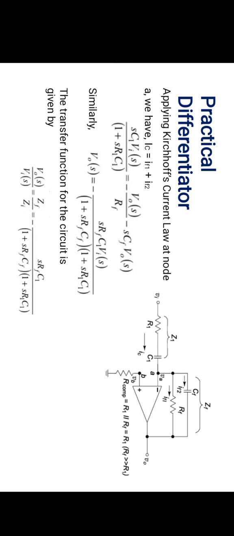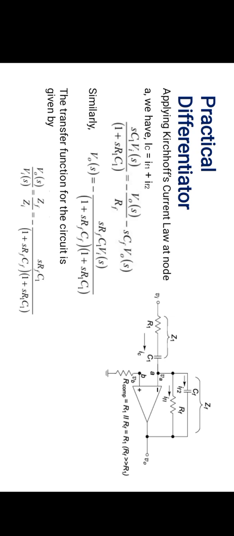Applying Kirchhoff's current law at node A, we have IC equal to IF1 plus IF2. S into C1 Vi of S divided by 1 plus S into R1 into C1 equal to minus V0 of S by RF minus S into CF V0 of S. Similarly, V0 of S equal to minus S into RF C1 Vi of S divided by 1 plus S into RF CF, 1 plus S into R1 into C1.